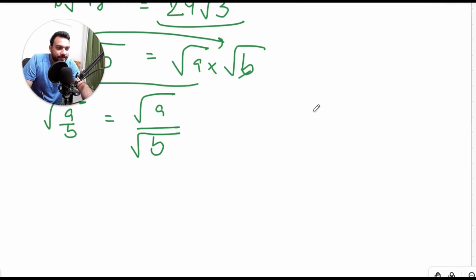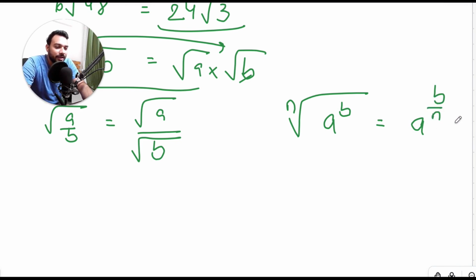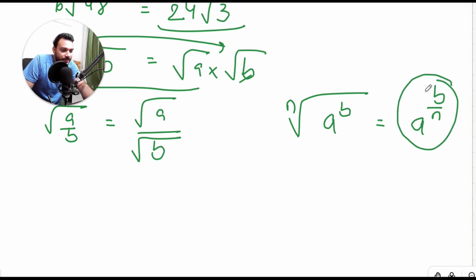And then nth root of a raised by b is simply a raised by b over n. Why? A raised by b times 1 by n. That's why b over n, for the nth root. This is the simple exponent representation of radical expressions.